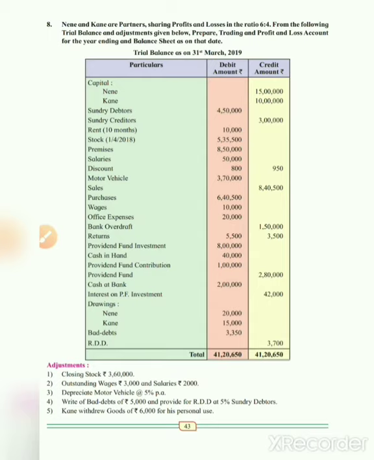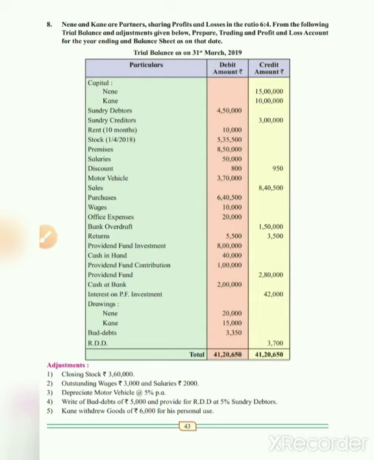Wages are the direct expenditures of the firm, hence will be recorded on debit side of trading account. Office expenses. It is the indirect expenditure, will be recorded on debit side of profit and loss account. Bank overdraft. Actually it is the liability for the firm, short-term loan taken by firm from bank. Hence recorded on liability side by rupees 1,50,000.